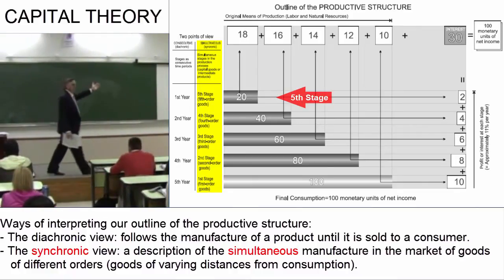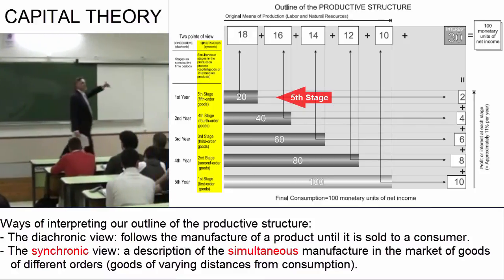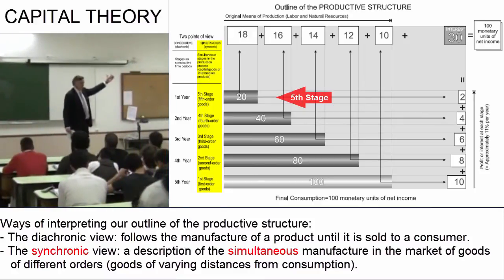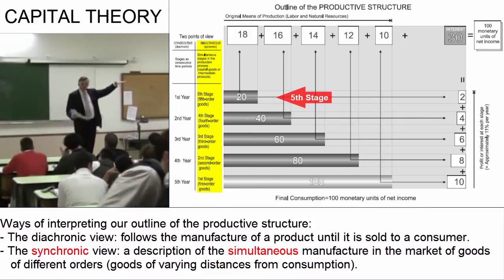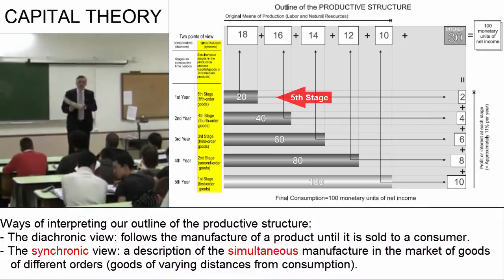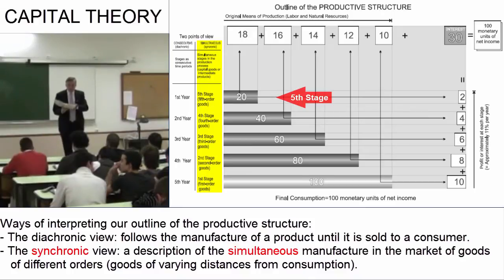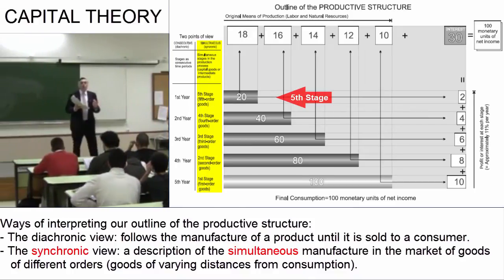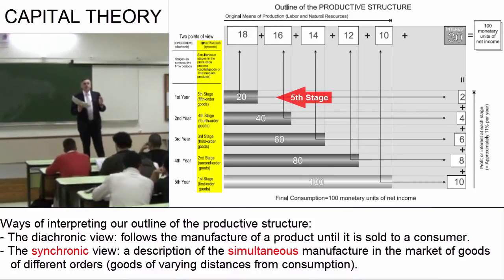In honor of Menger. Remember that Menger used the term economic goods of higher order to refer to those goods distant from the final stage of consumption, and the further away the stage, the higher the order. Well, 5th order goods, goods from the 5th stage, are the furthest from consumption.